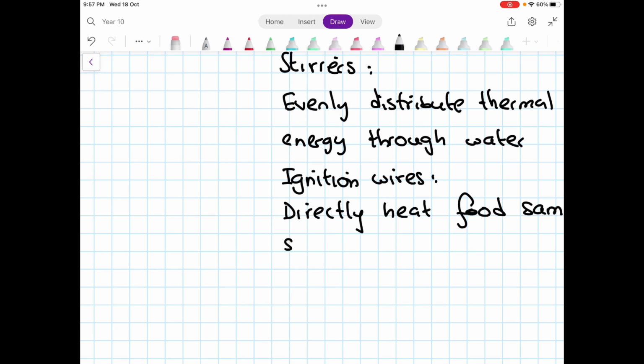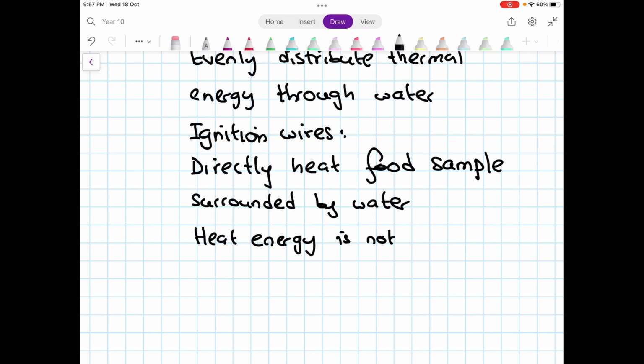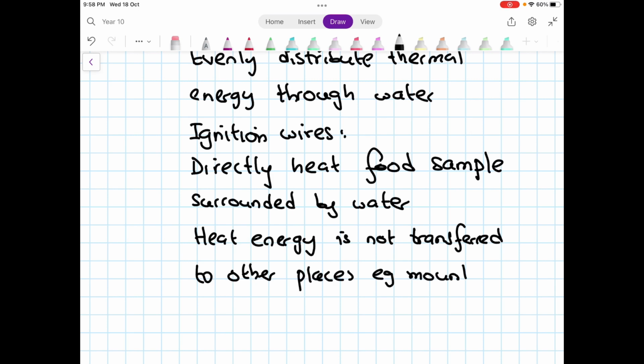And the apparatus is surrounded by water. So thermal energy is not transferred to other sources, for example, the mounting needle or surrounding air. And this greatly improves the accuracy.